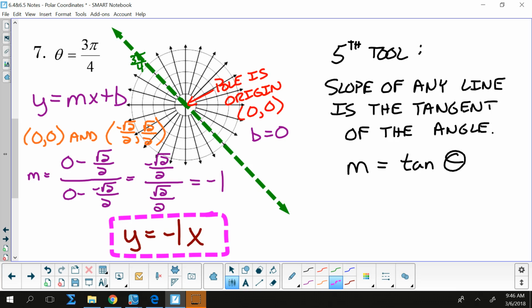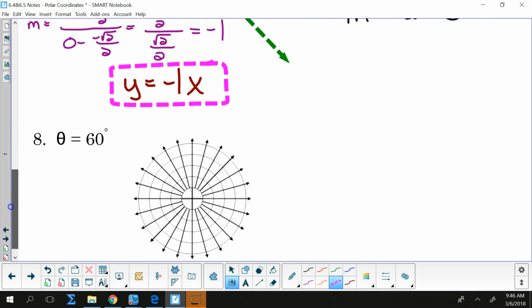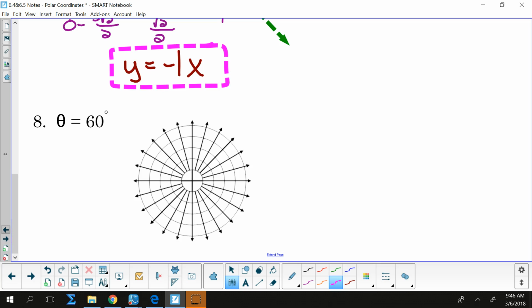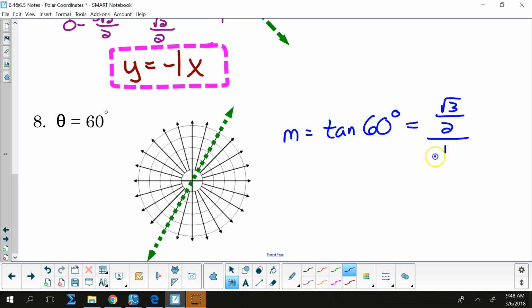Okay? You find me now the equation of number 8. So that's my line, right? Because that's at 60 degrees. So the tangent, or my slope, is going to equal the tangent of 60 degrees, which is going to be the square root of 3 over 2 divided by 1/2, or simply put, just the square root of 3.